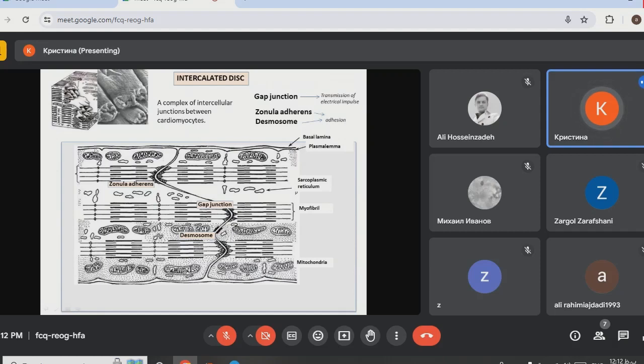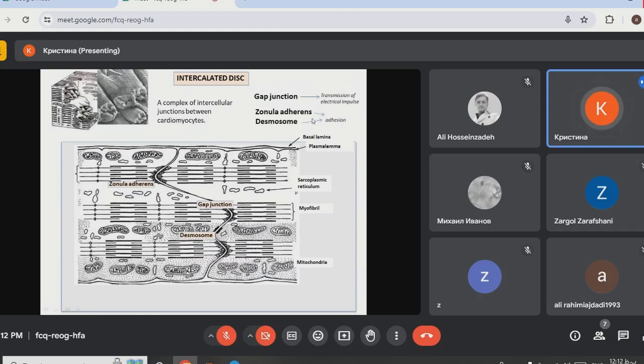The electrical impulse spreads along the membrane of the cardiomyocyte, and it needs to go to the membrane of the adjacent cardiomyocyte, and this impulse can go through the gap junction.